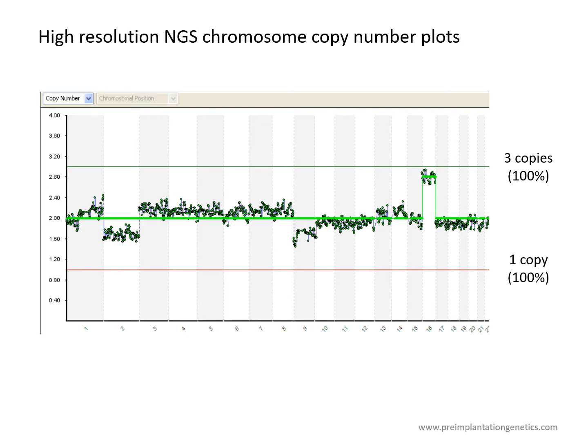Now, various labs have applied different thresholds to distinguish between variation around 2 copies, as we can see here, and full changes of 3 copies or only 1 copy.